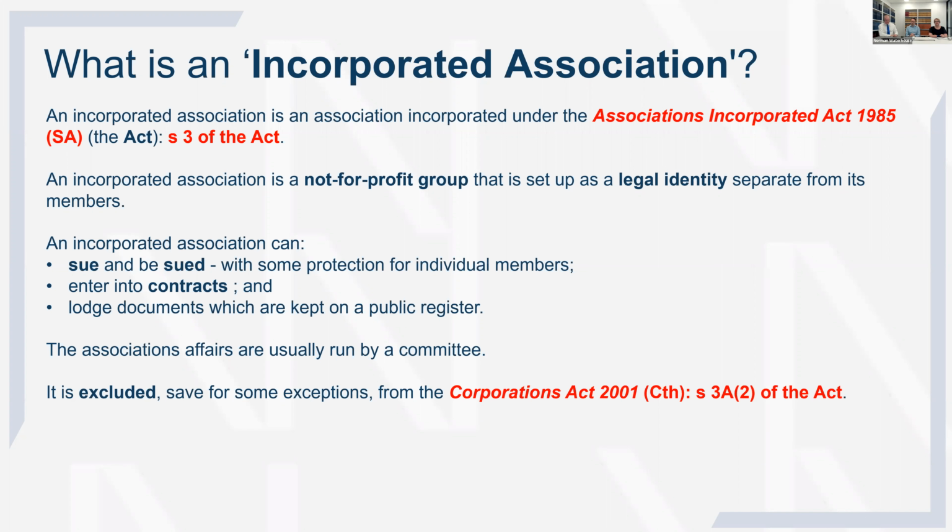The incorporated association is its own entity, where it can sue and be sued and enter into contracts or documents on behalf of the association. It's important to understand that the Associations Incorporated Act is what basically governs any actions on behalf of incorporated associations, and the Corporations Act is excluded to a large extent, but there are some sections that do apply, which I will discuss shortly.